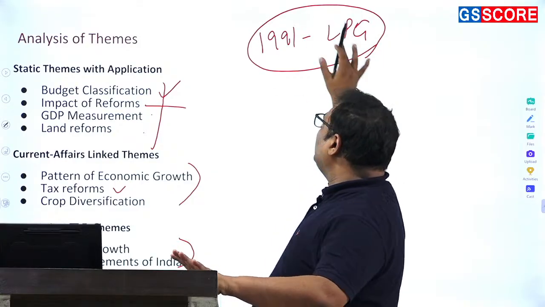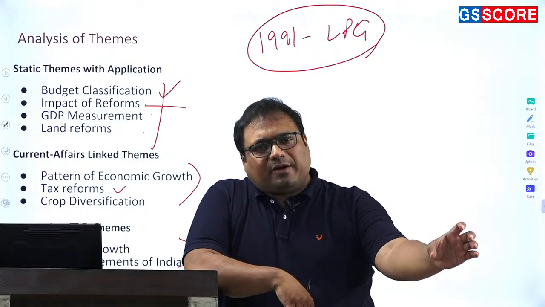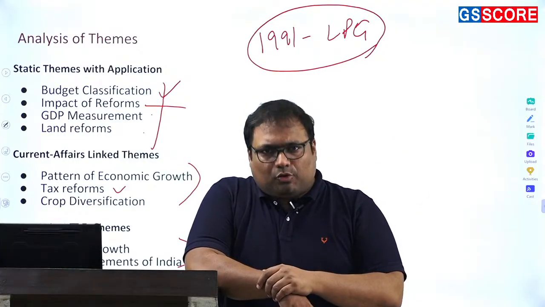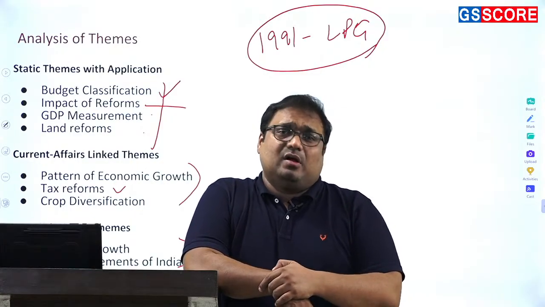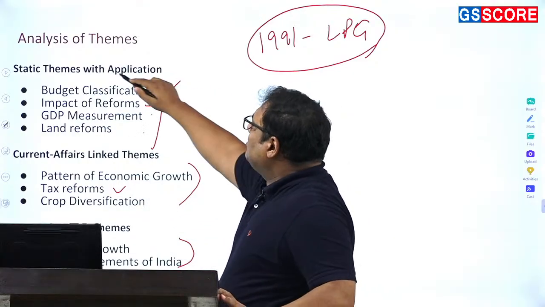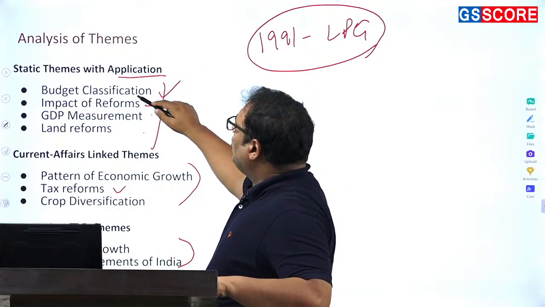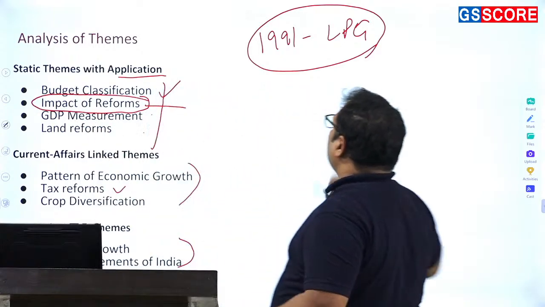That is more or less a static topic. There can be some application, that what is the impact of LPG on economic growth, what is the impact of LPG on India's BOP, balance of payments, what is its impact on employment. So there can be applications, but otherwise, since this is already history, this is done, this is a static topic.